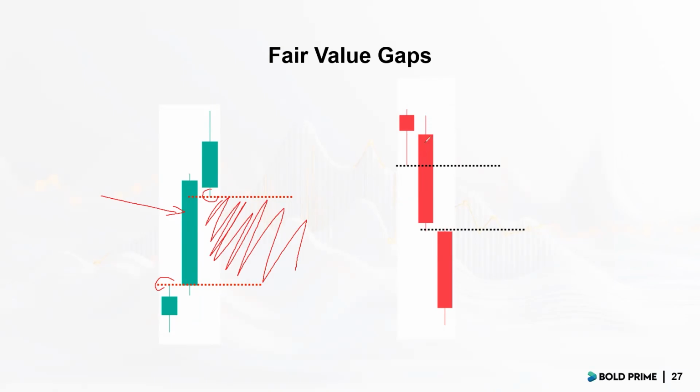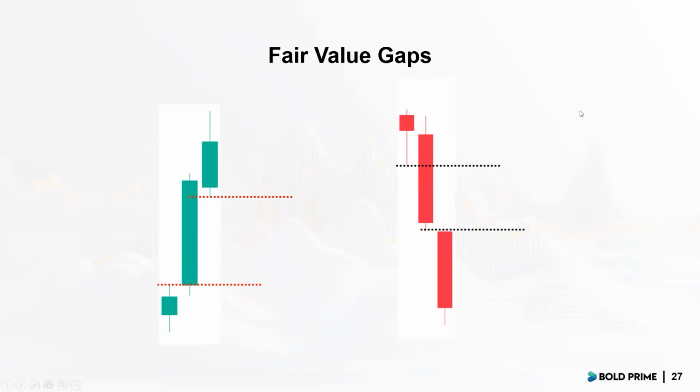Similarly over here, you can see this candle's body is huge, and the candles on the left and right did not overlap. That again leaves behind a fair value gap. Very clear, very distinct way of understanding what an FVG is.